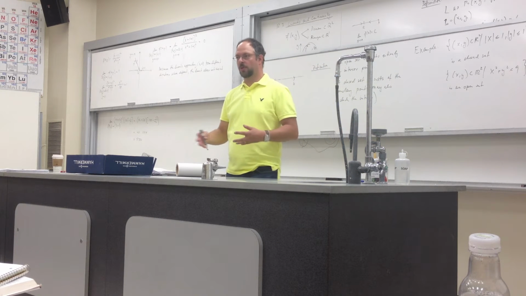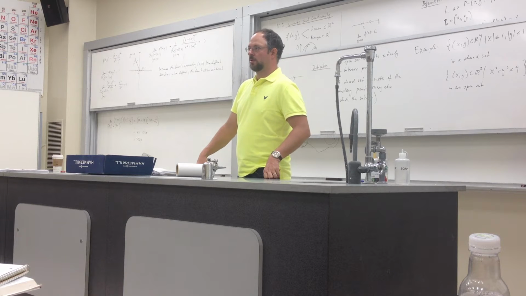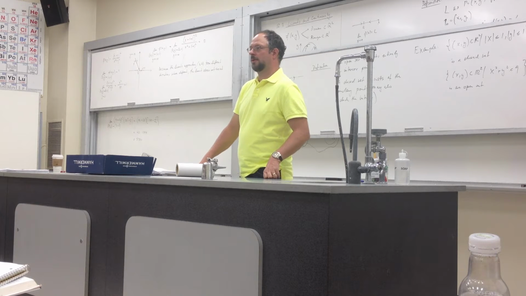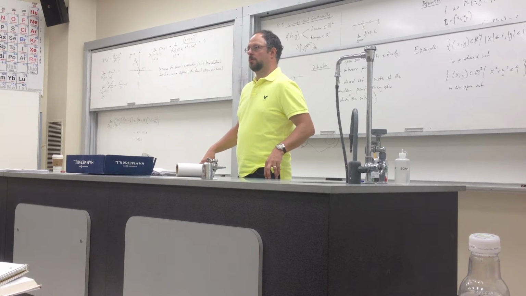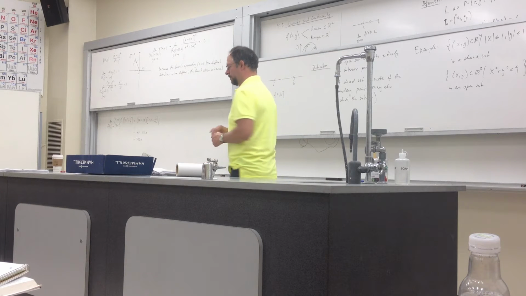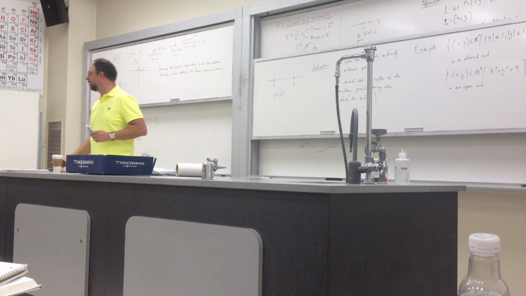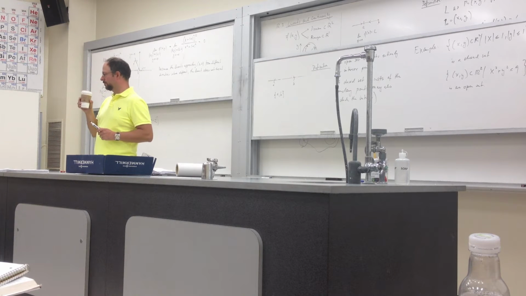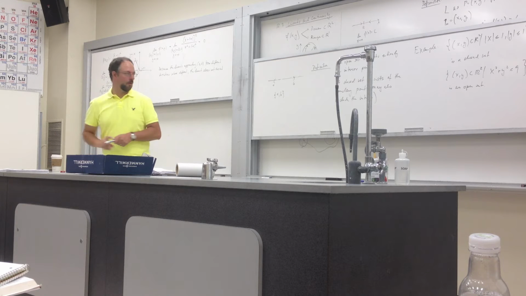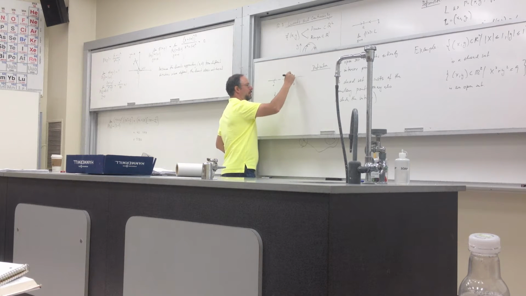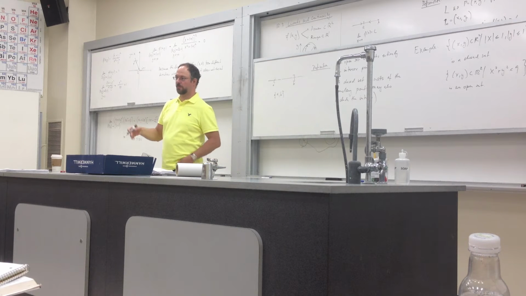Now, do sets have to be open or closed? Is it possible to have a mix of both? Can you give me an example of a set that is neither open nor closed? A simple example would be if I made this one here, on one side I include the endpoint, the other side not.